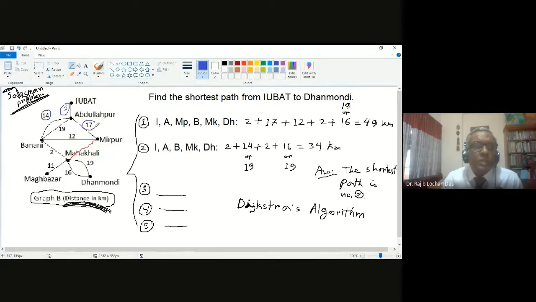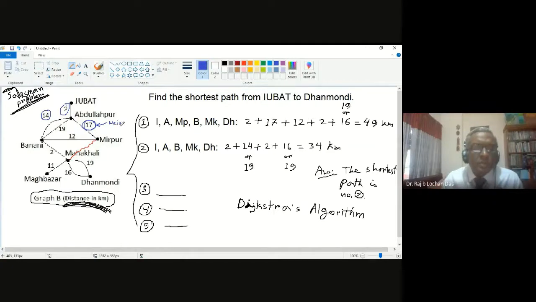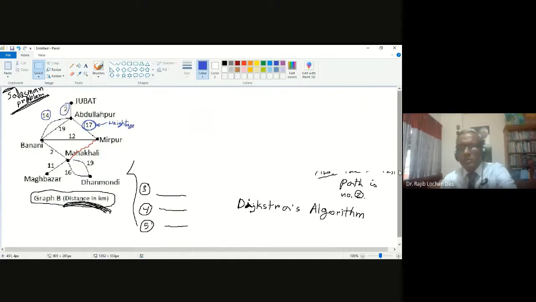The weightage can be distance, and the weightage can be other things also. Yes, sir, it can be time. Yes, it can be running time. It can be expense. It can be even other things that you may not be thinking of right now.